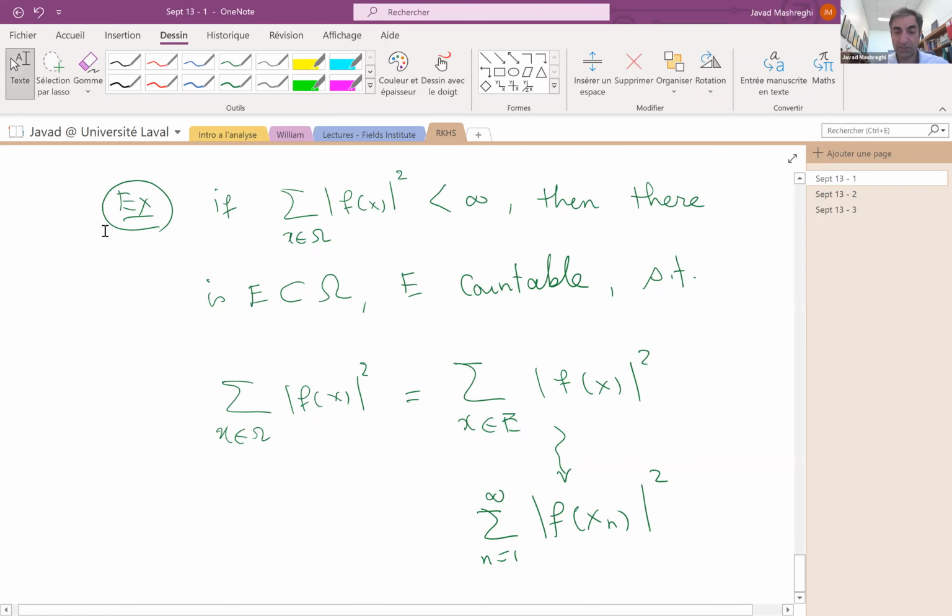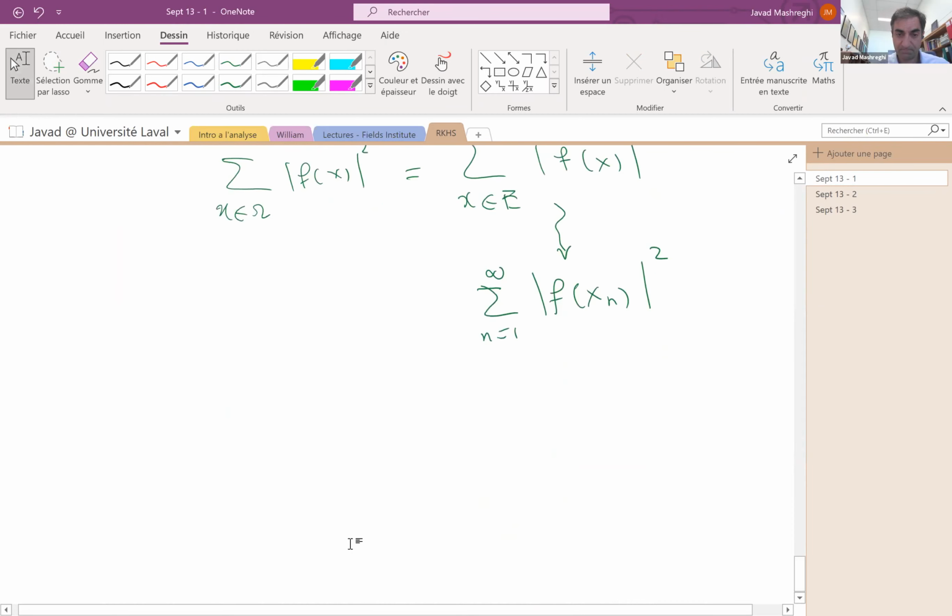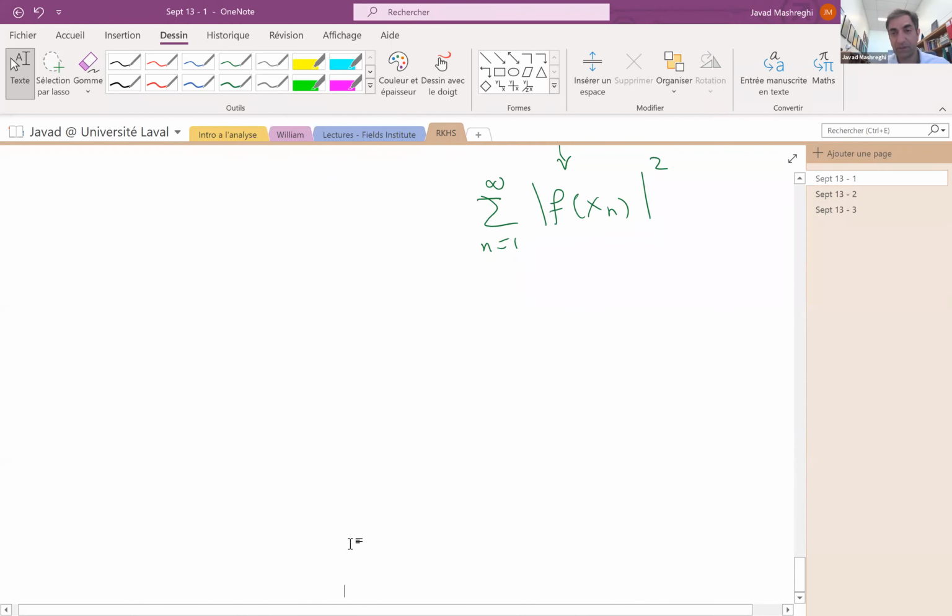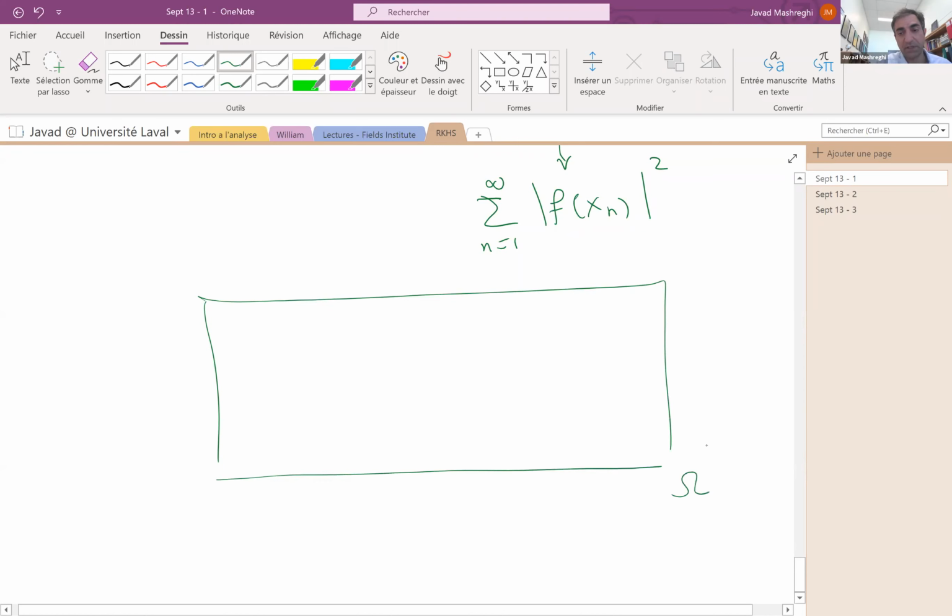In other words, you can think of this phenomenon as this. This is the set Omega, which is really huge, uncountable. What are the elements of L2 of Omega?